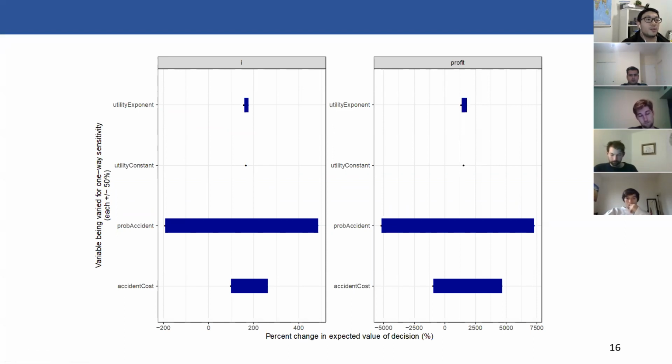So I'll quickly note that all of these particular plots and diagrams and the one-way and two-way sensitivity analyses that I showed in these two examples, I implemented all of that in R. You don't have to use R to do this.